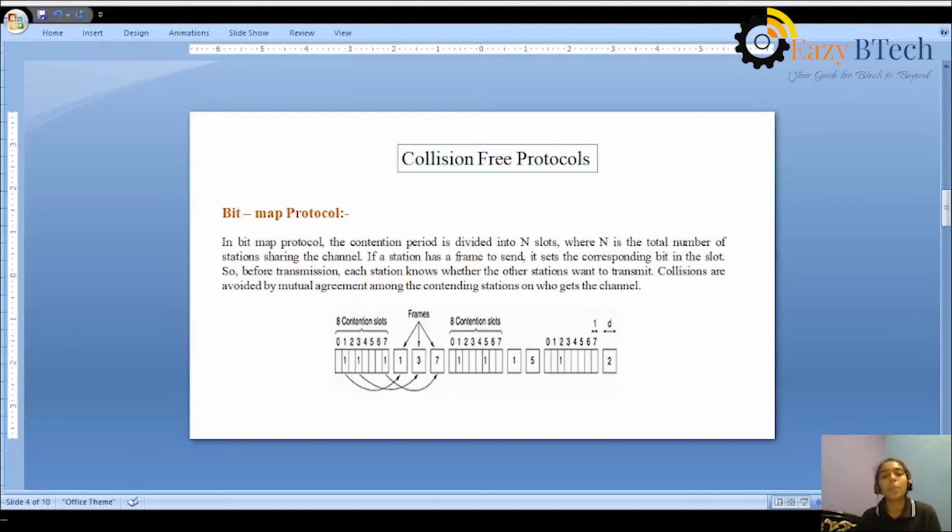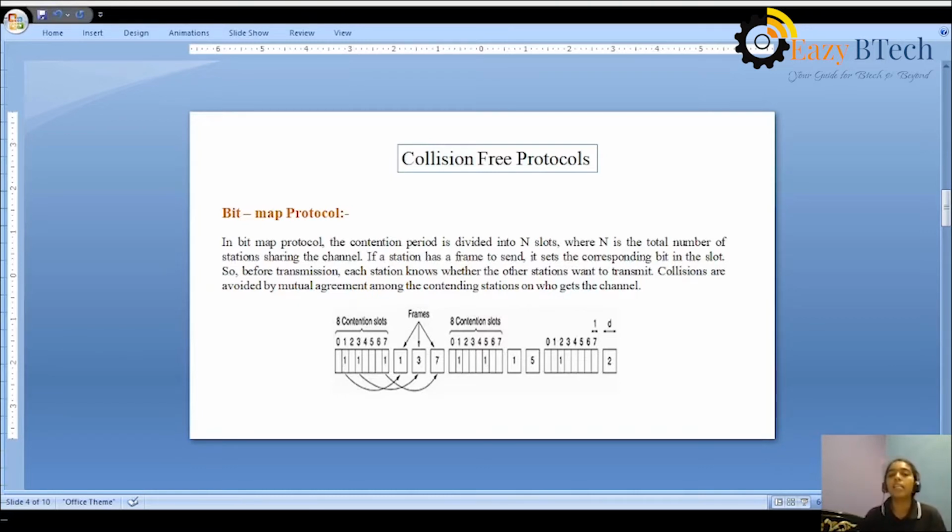This period is divided into n slots, because while communicating data from source to destination, we allot a time to communicate data for one or more stations using a shared channel. Here, n slots is equal to the number of stations.